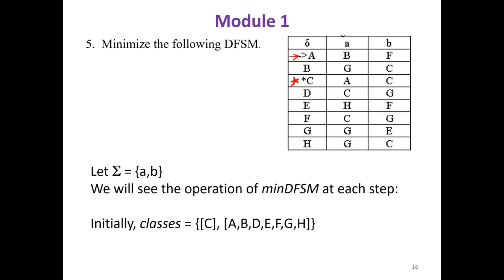Initially, we have two classes. One is the final state; here we have only C as the final state, and the rest are all in another class. Assume these as class 1 and class 2.